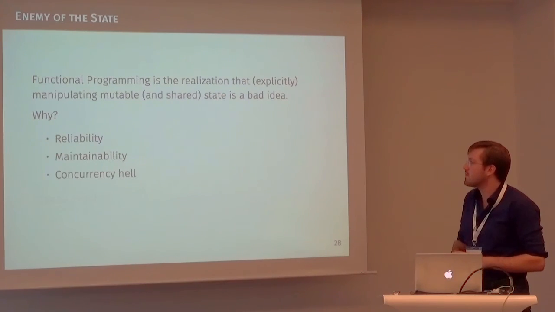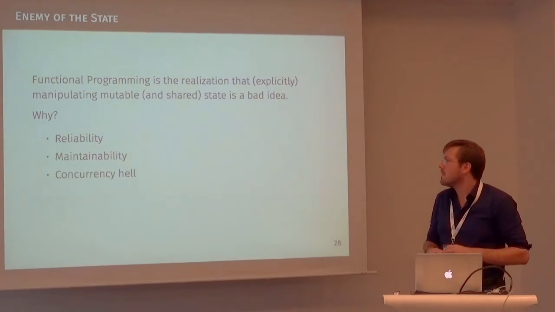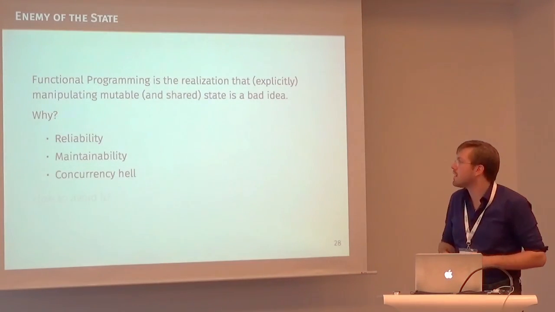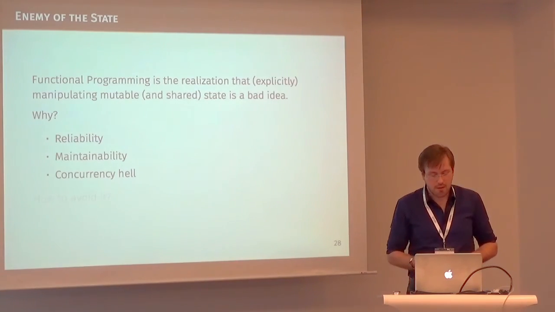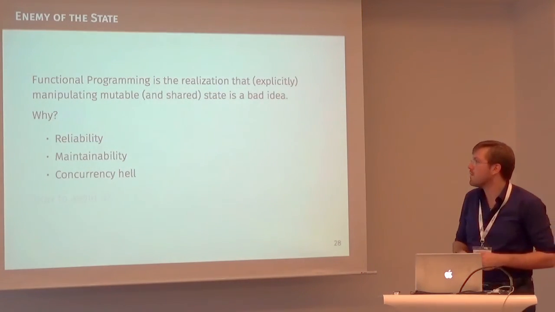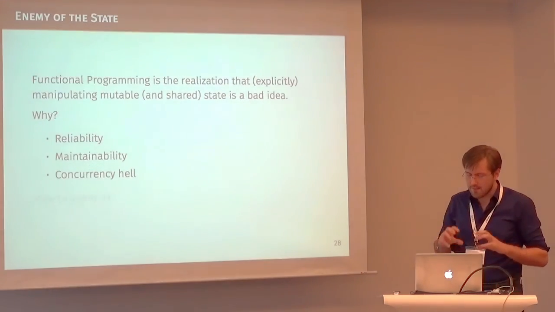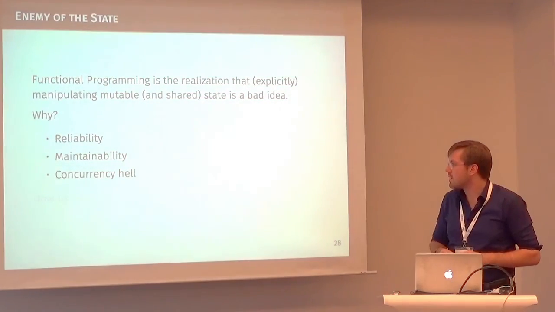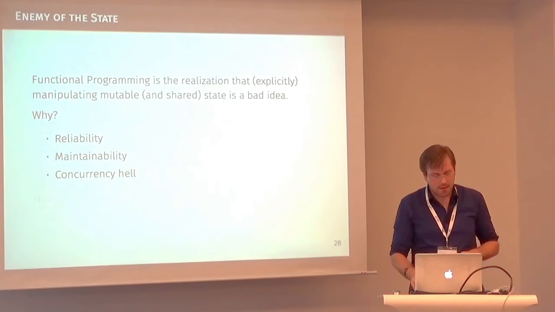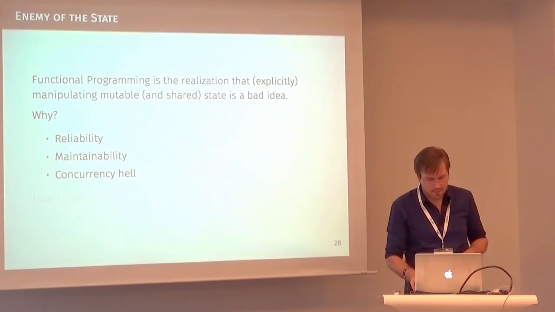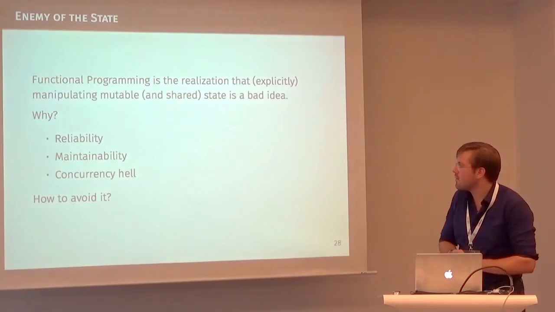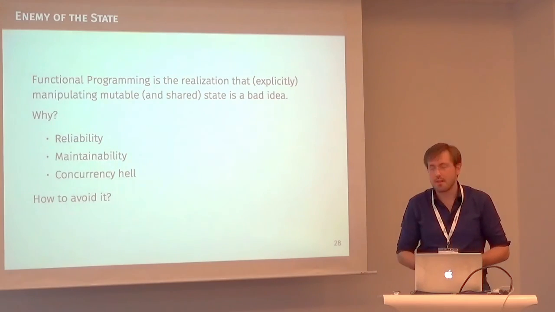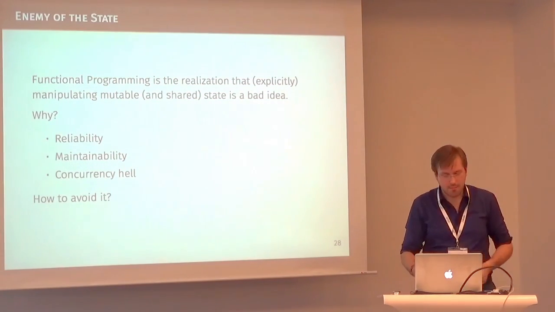I already mentioned concurrency problems, but we need to avoid mutable state for other reasons. For example, reliability, because we can be more confident on the code that we write by writing pure code. We'll see some examples. And maintainability for more or less the same reasons. But how can we avoid mutable state in a language such as C++, which is imperative, very much imperative?